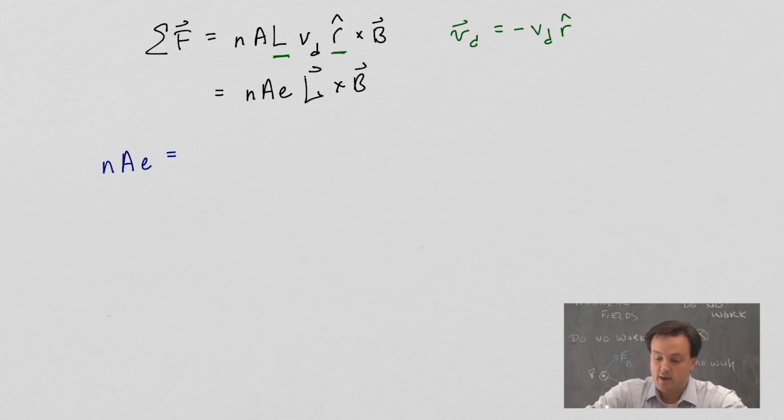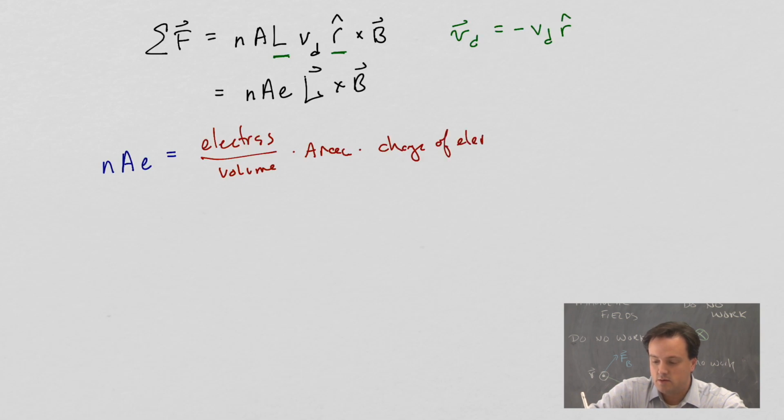Well, I can tease this apart a little bit, because of course N is electrons per volume times an area times the charge of an electron. If I combine these things, area divided by volume is just going to give me 1 over a length.